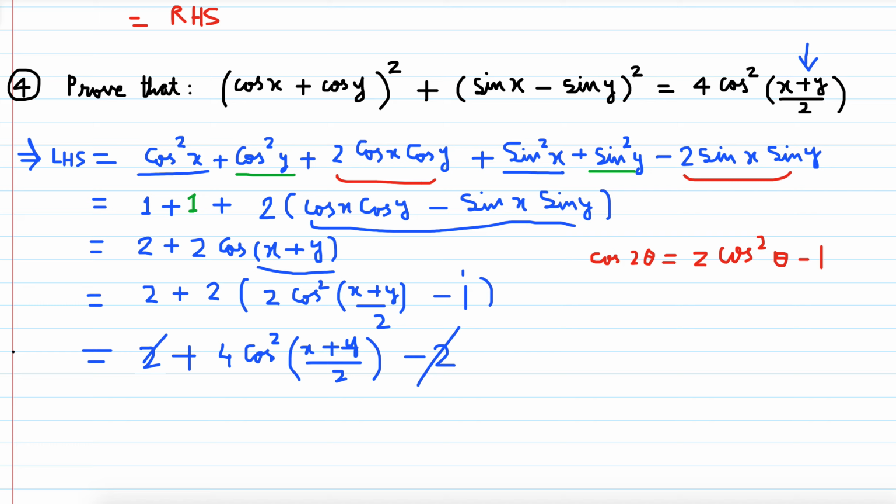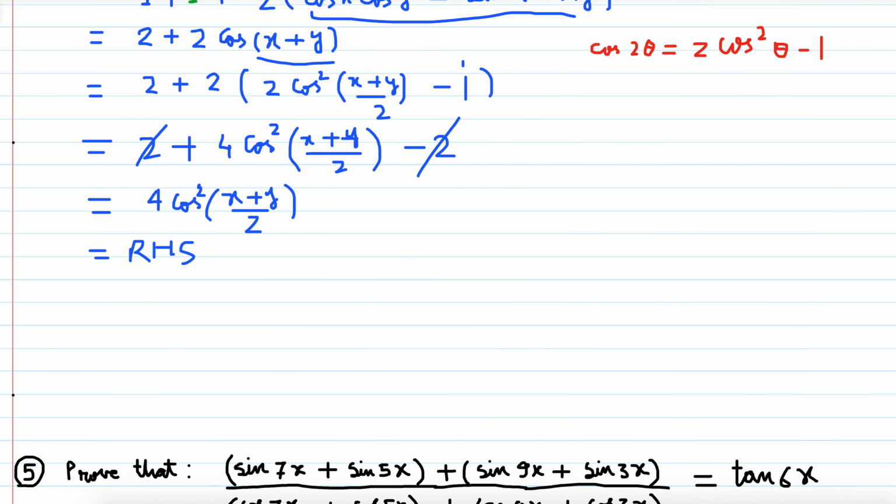This minus 2 and plus 2 cancel, and we are left with 4 cos square x plus y by 2, which is equal to our right hand side. So we have proved it.